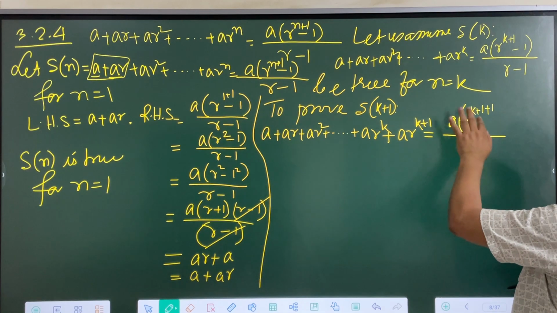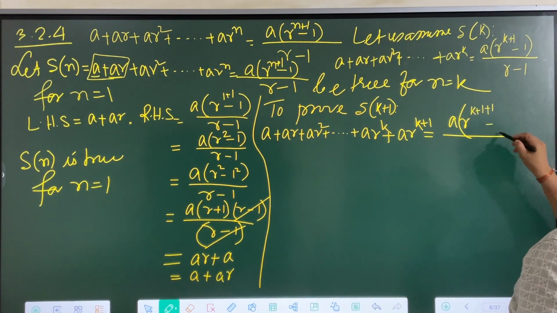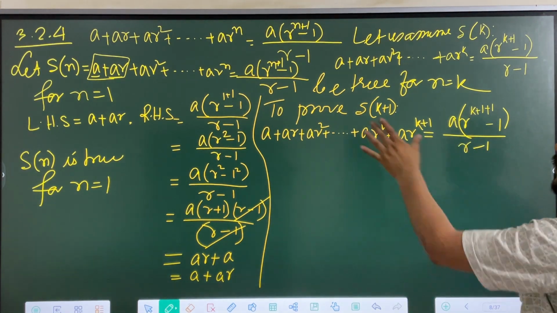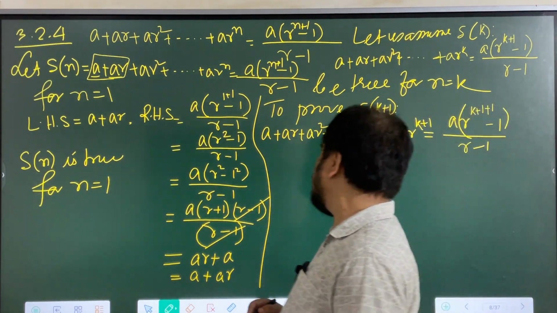I hope you understand. R to the power n plus 1, what is n? n is k plus 1. Minus 1 by R minus 1. This is what we have to prove. Left hand side equals right hand side. Now calculation only.